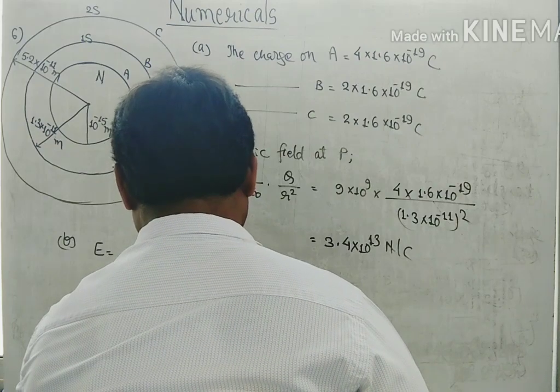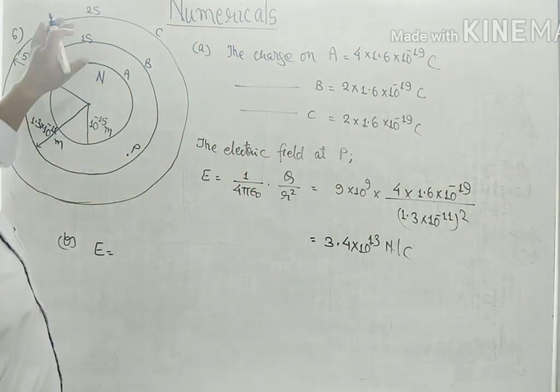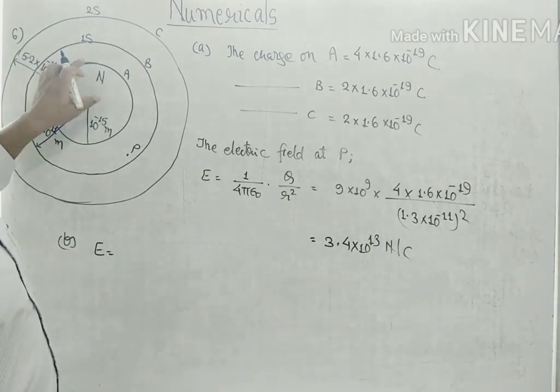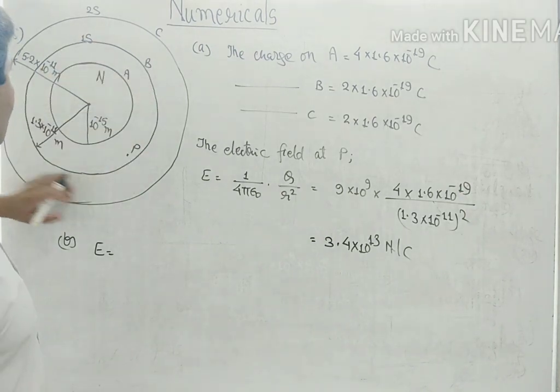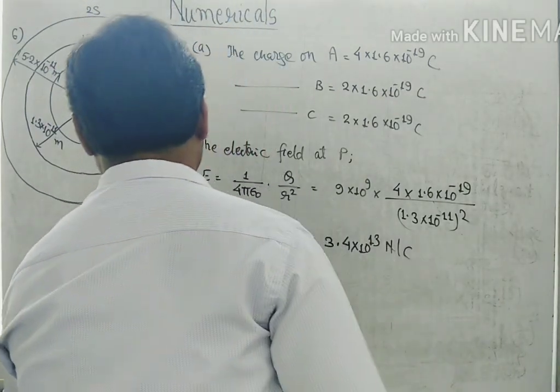So inside this 2s, we must first have the charge enclosed by this 2s surface. As this has certain charges and this has certain charges, we must have the total charge enclosed by 2s.